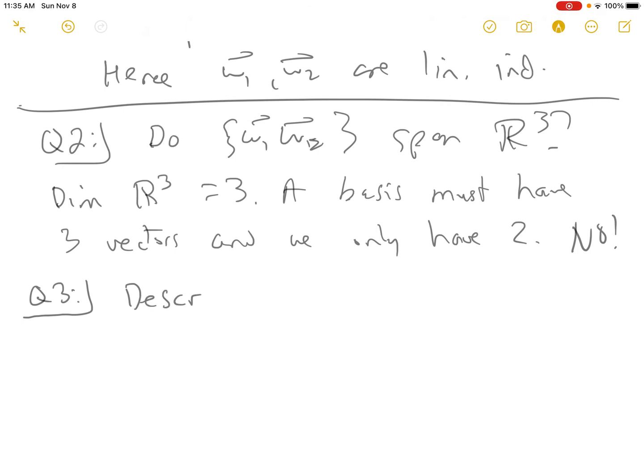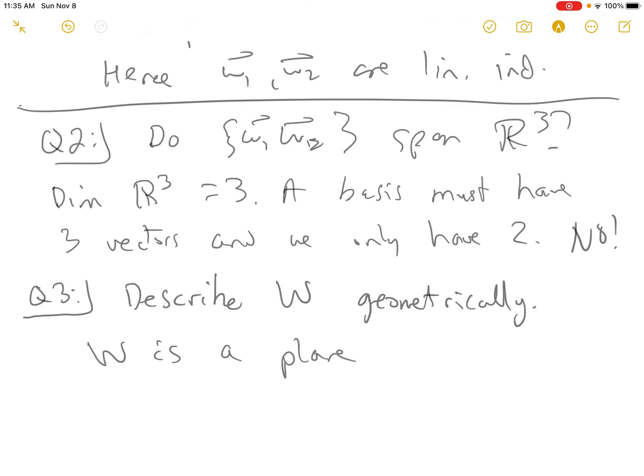Describe W geometrically. Right, it's not all of R3, so it's not all of space. So it's either going to be what? A plane or a line. And since the 2 vectors are linearly independent, W is a plane. Right, so somewhere on this plane are these 2 vectors, W1, W2.